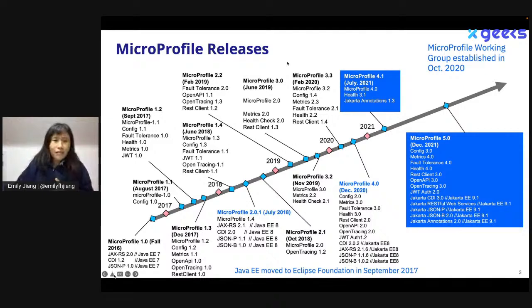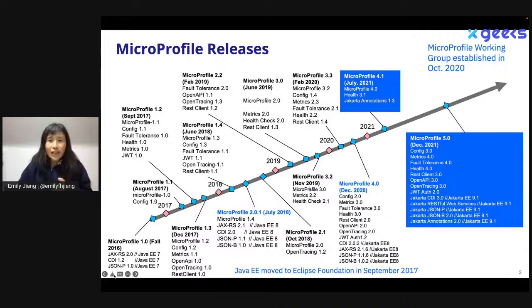As you can see from this timeline, in the beginning it borrowed 3 Java EE technologies, JAX-RS, CDI, and JSON-P, and then later MicroProfile 2.0 was rebased on Java EE 8 technology.